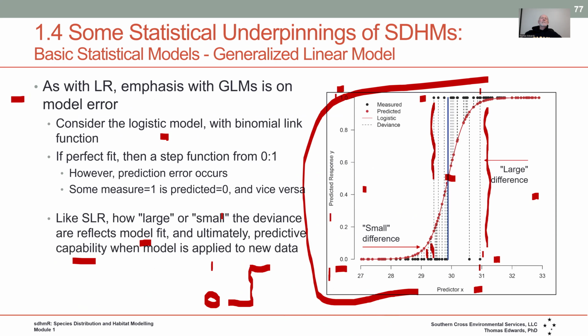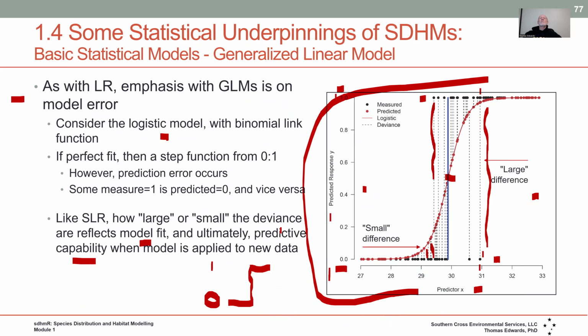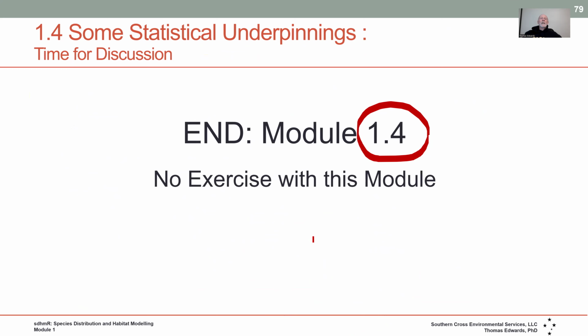Do you have to understand all the gory mathematics? Absolutely not. But you do need to know that we replace a normal distribution with a logit to generate this, and a classification tree runs up and down a predictor level till it maximizes membership in one group and maximizes membership in the other.